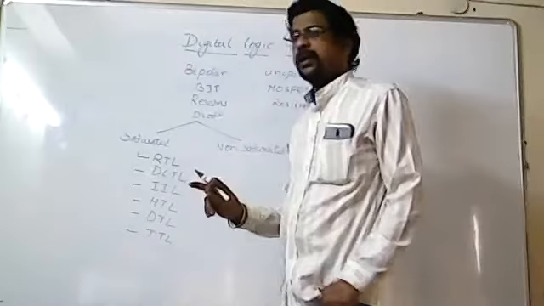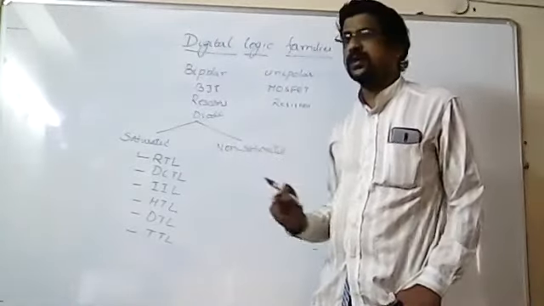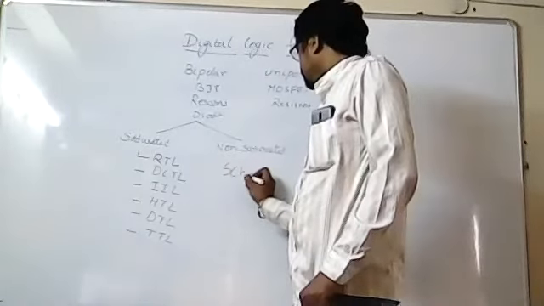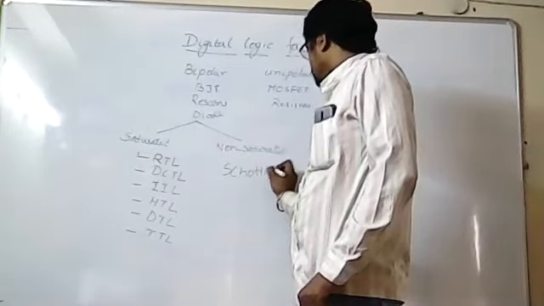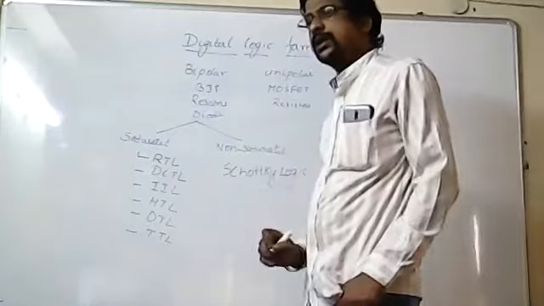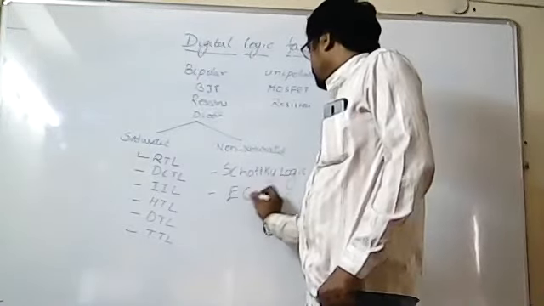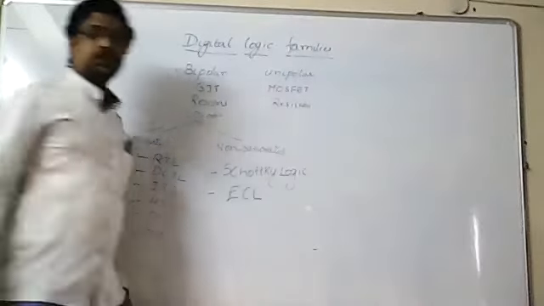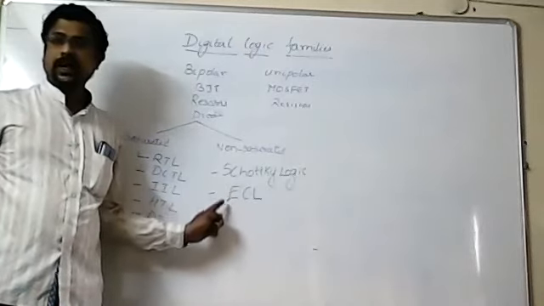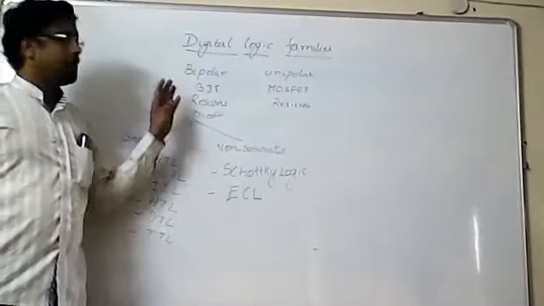Now, if the same transistor is operated in non-saturated mode, then there are two types: one is Schottky logic, and the other is ECL, which is called emitter coupled logic. This is about the bipolar.